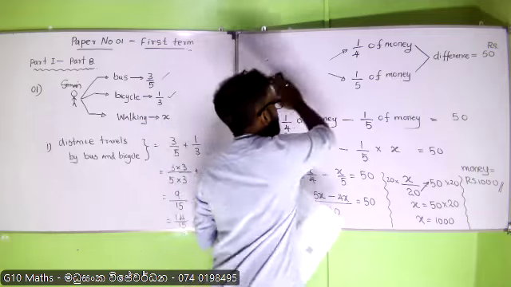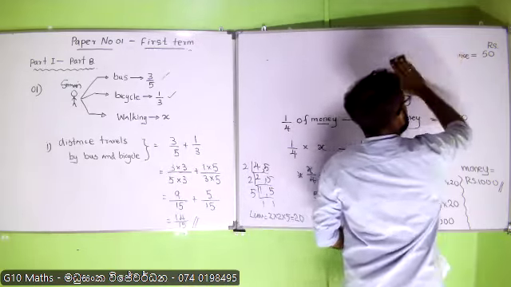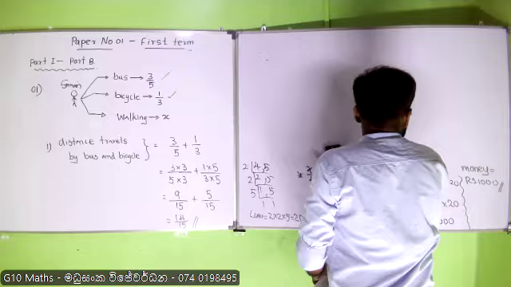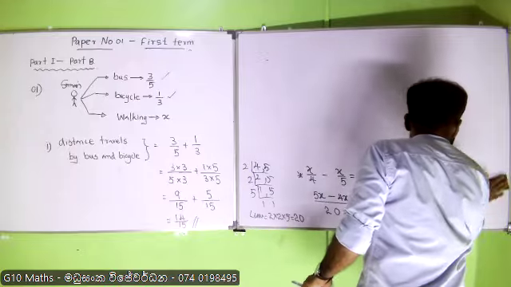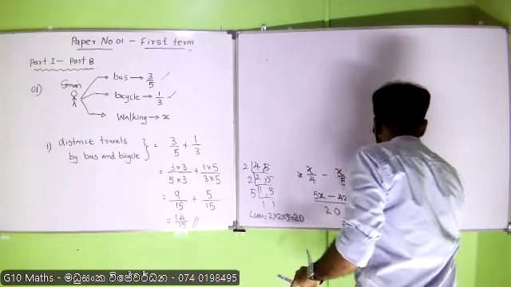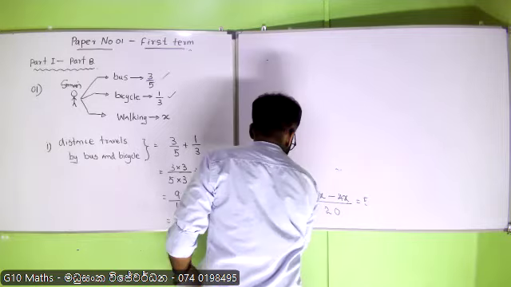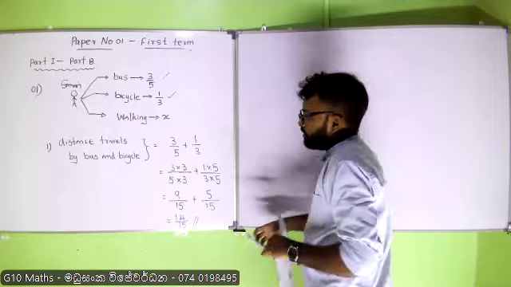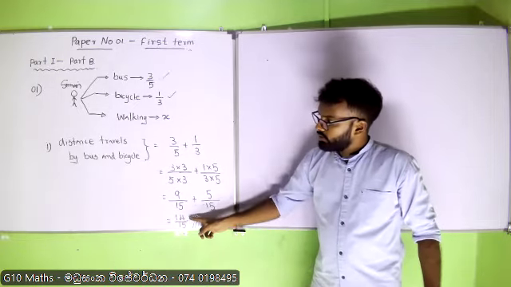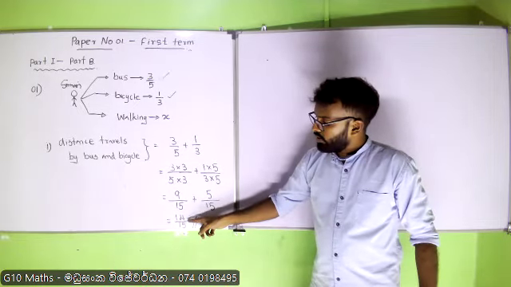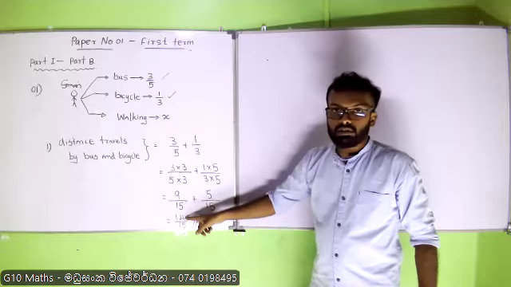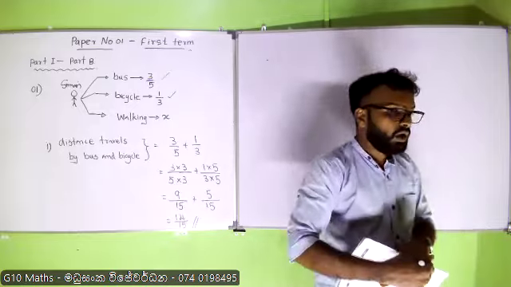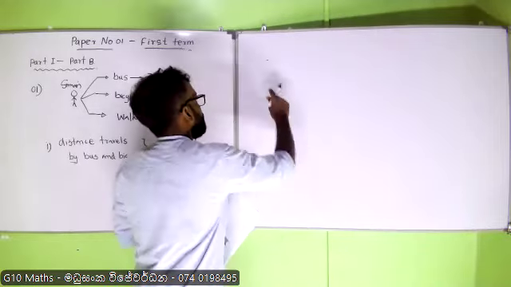Now, in the method, you need to find the fraction related to walking. This is the total fraction related to bus and bicycle, 14 upon 15. You need to remember this.